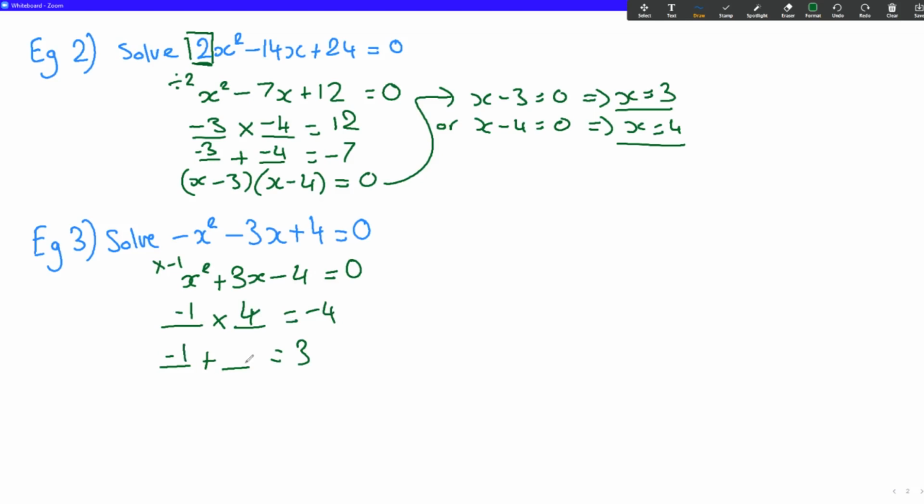And minus 1 plus 4 gives us 3. So again, let's put those into our brackets, again not forgetting the equals 0 there.